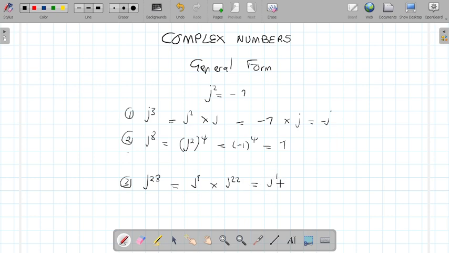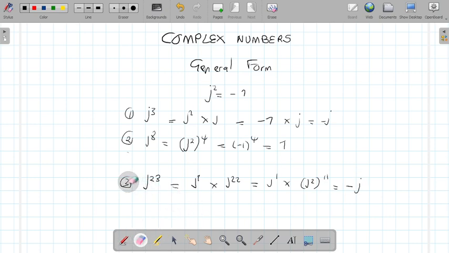Now, this can be written as J to the power of 2 multiplied by 11. Now, J to the power of 2 evaluates to -1. -1 raised to the power 11, which is an odd number, so it has to be -1.